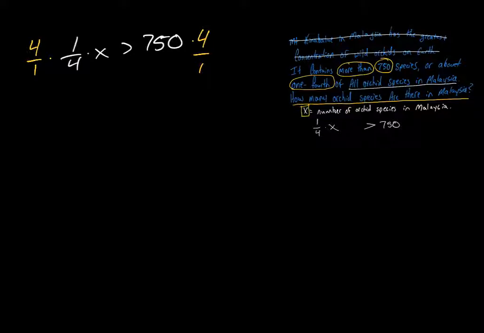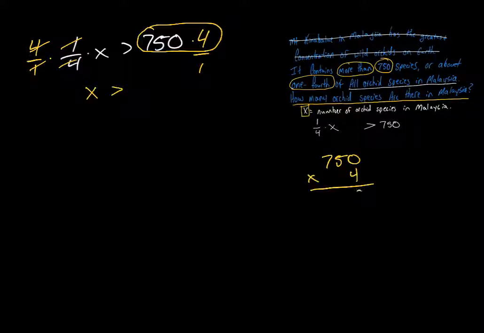So I'm going to cancel out everything on this side. That leaves me just with X is greater than 750 times 4. So I need to figure out what 750 times 4 is. I'll do it the old school way here. You have 0, 0, carry the 2. 7 times 4 is 28, plus 2 is 30. So X has to be bigger than 3,000. There's more than 3,000 orchid species in Malaysia.